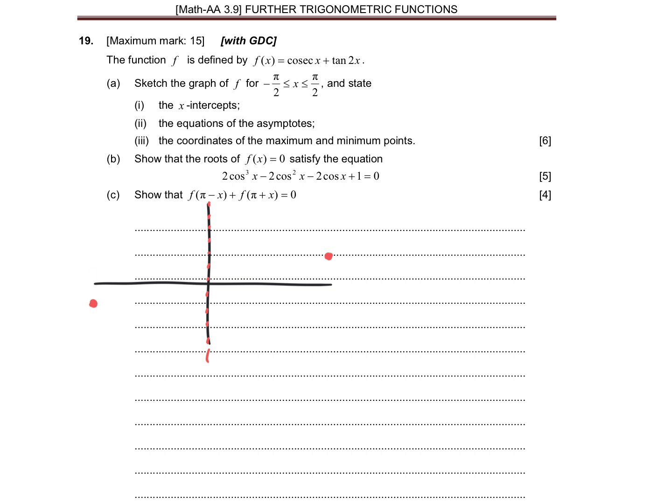So negative pi over 2 here is like -1.5. So let's just say that's -1. So the x-intercept is -1.16. And then the other one is 1.16. So same deal over here. Obviously label these points.